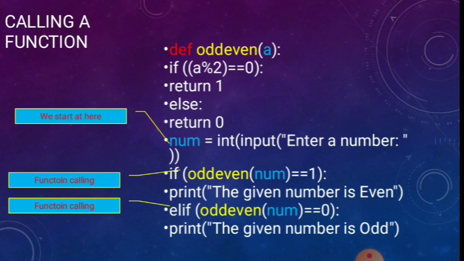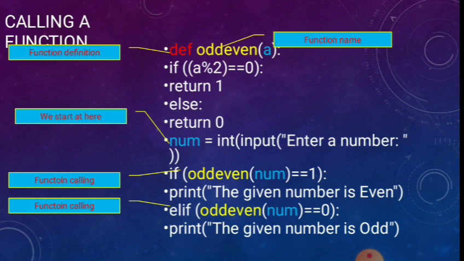Next line, if condition with odd, even, the num is equal to 1. Here the function call is raised. How does it work? It will search for the same name with a definition. That means the def keyword should be present, followed by the function name with some argument. Here you see the function definition: def, then odd_even with parenthesis and some value.